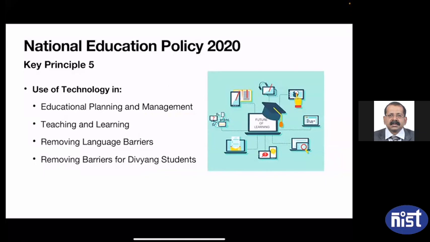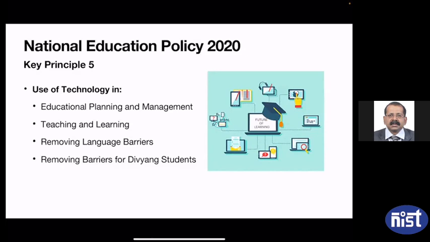Another point which comes in a big way is the use of technology in all facets of education: education planning and management, teaching and learning, removing language barriers, removing barriers for Divyang students. And somewhere, as was being mentioned earlier, while we have had this pandemic, there have been so many negative effects.